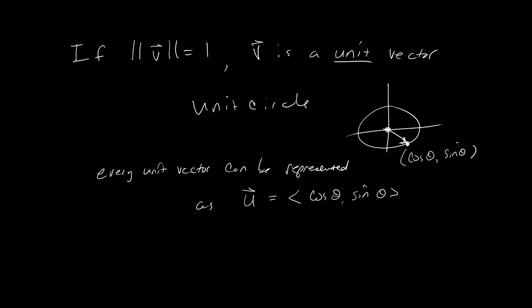Now, we can multiply these by a scalar to make it longer or to make it shorter, right? So let's say a scalar c, so let c be a real number, then c times our unit vector is equal to c times the vector in component form.